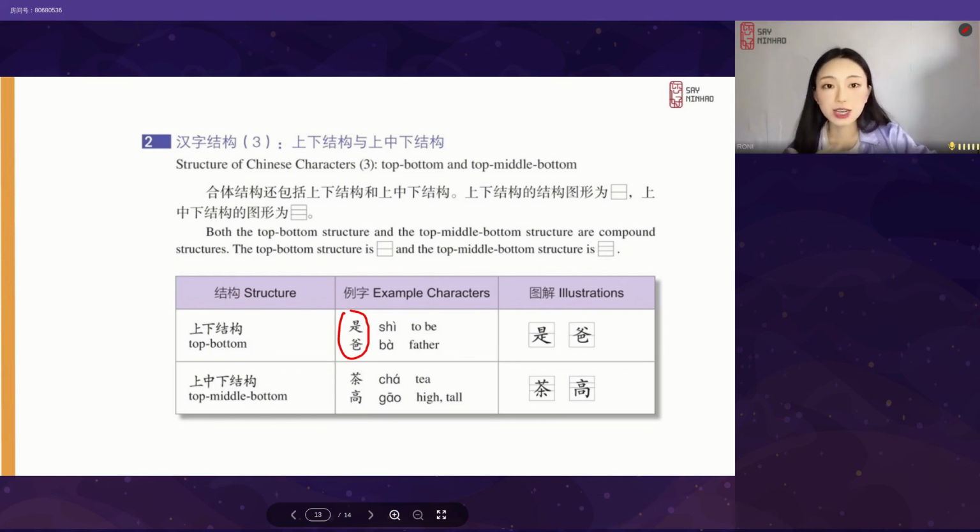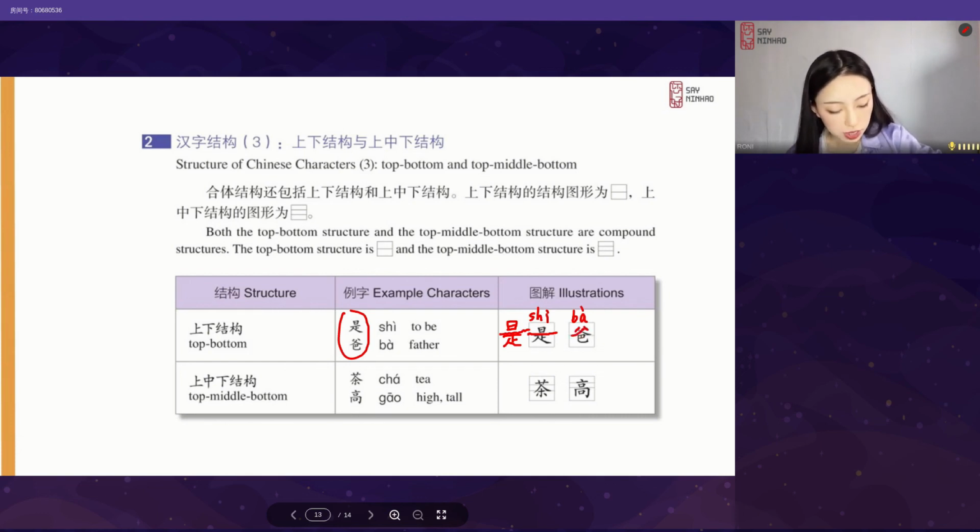So first one is 是, means to be. Let's see, we can separate it from here, right? Up in the top, it is this part, and in the bottom is this part. We can clearly separate these two parts from the middle. And next one is 爸, which means father.